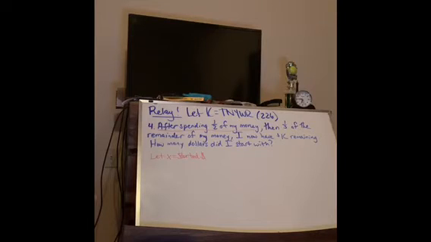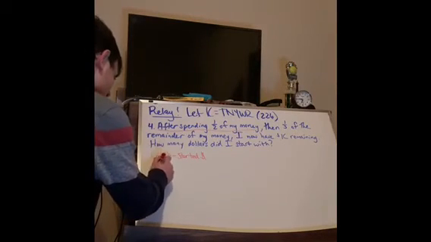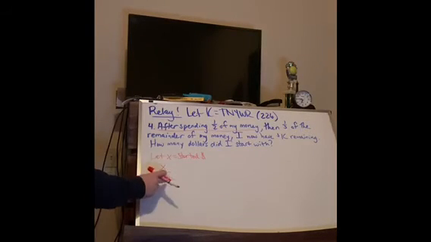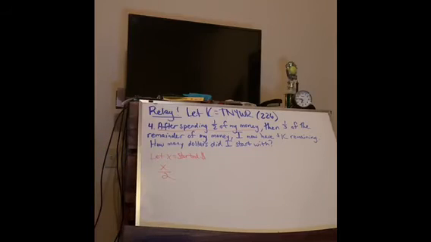So 1/2 of my money spent is really saying x divided by 2. Think about it. If I have $10 and I spend half of it, well, I'm going to have 5 left. X divided by 2. Then 1/3 of the remainder, well, 1 minus this, or really x minus that, is going to still be x over 2.